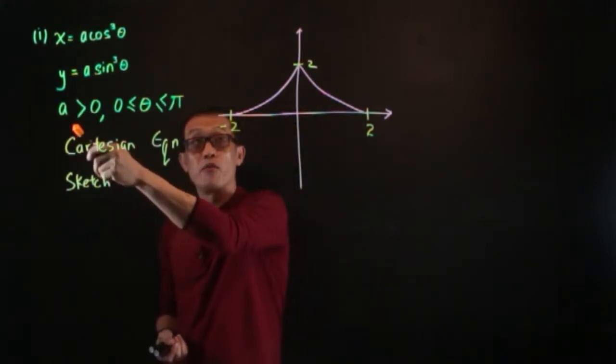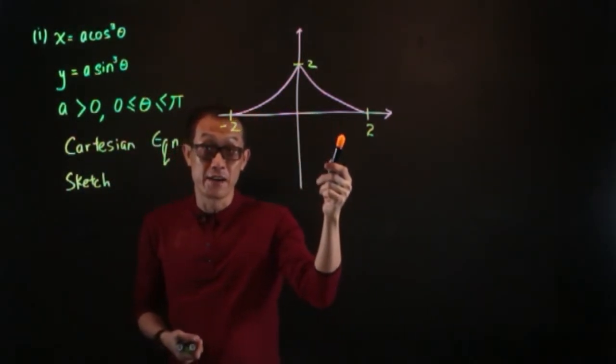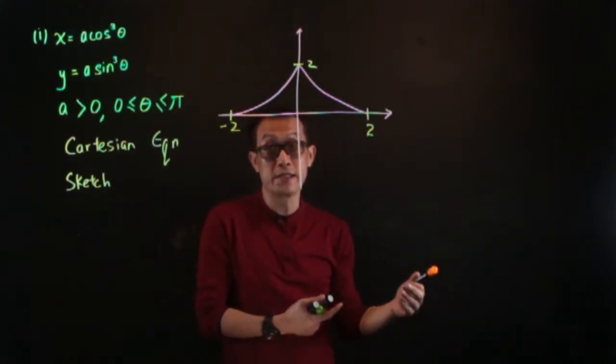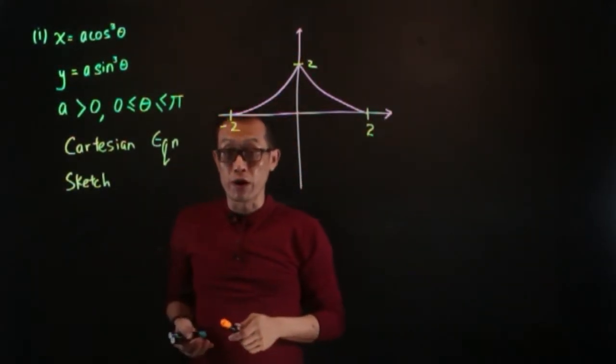So we suspect where it cuts the x-axis is a, because we key in the value of a as 2, but this is only what we suspect from how your graph looks.